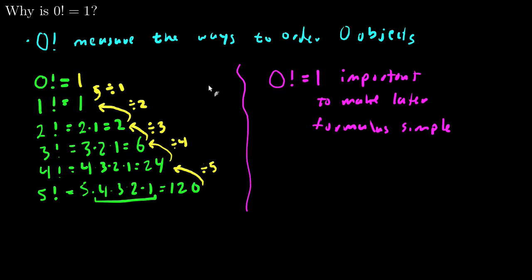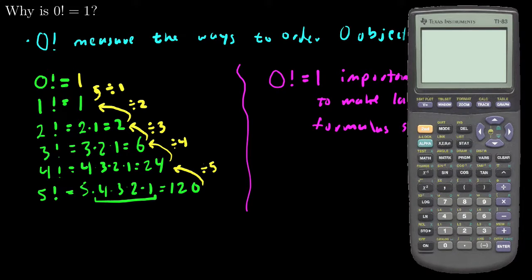So, starting the next lesson, we'll see the formula for nPr, or the number of permutations. And if I allow 0 factorial to be 1, it's a really easy formula. You can just put it in, you get the answer. If I make 0 factorial 0, I'll end up dividing by 0, and that'd be very bad.